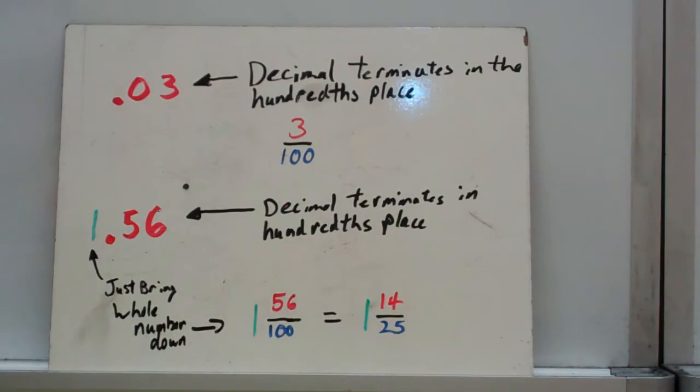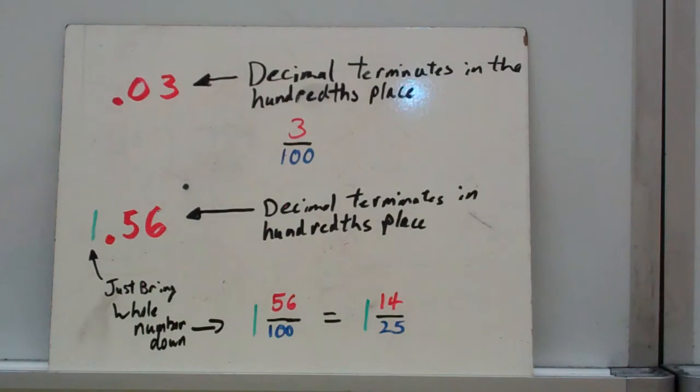Sometimes we have zeros before our significant numbers terminate. In this case, you still find where the decimal terminates, where the last significant number is in that decimal number. So here, we end up in the hundredths place, even though there's a 0 before it.